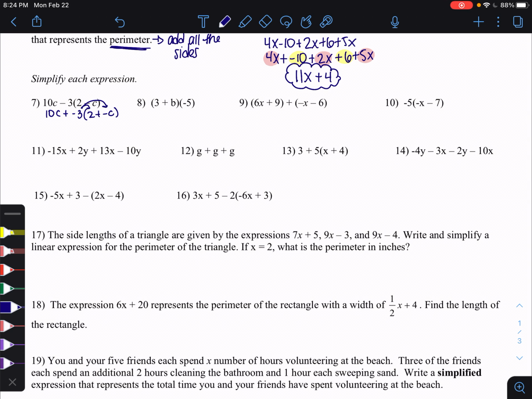So 10c plus negative 3 times 2 plus negative 3 times negative c. So I've got 10c plus negative 6 plus 3c after I multiply. And then I do have some like terms here. So 10c plus 3c is going to be 13c plus negative 6.